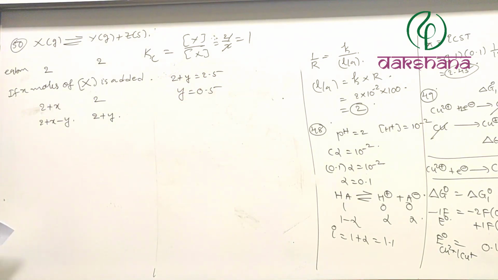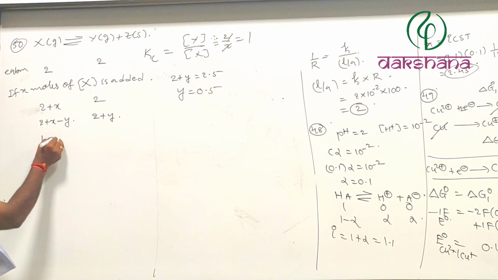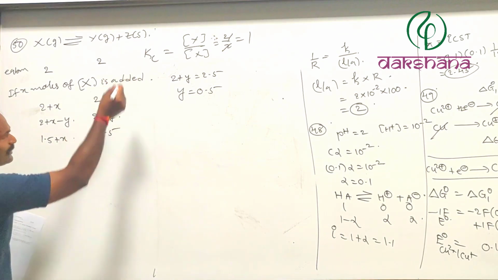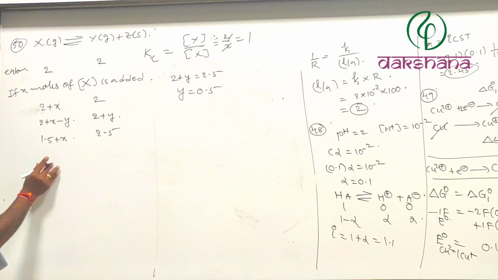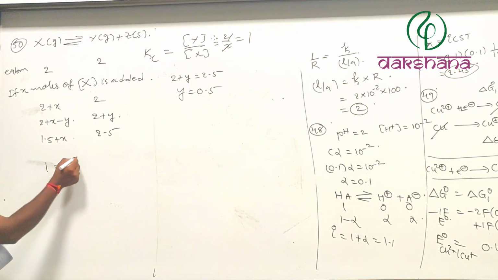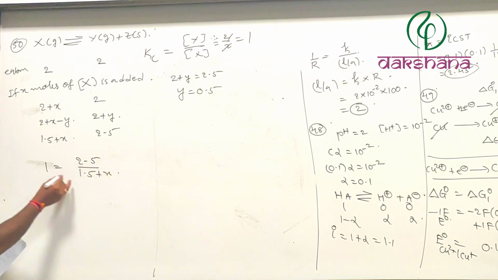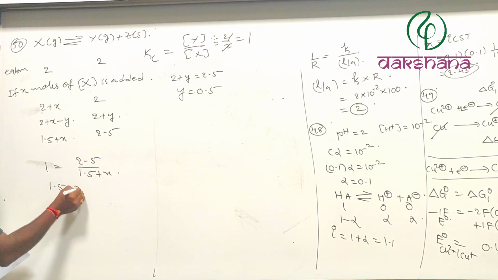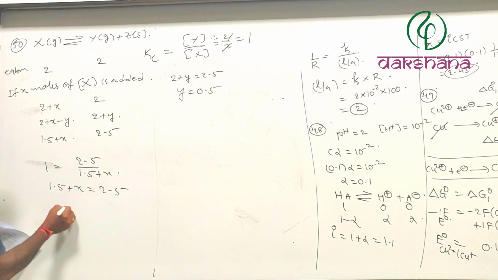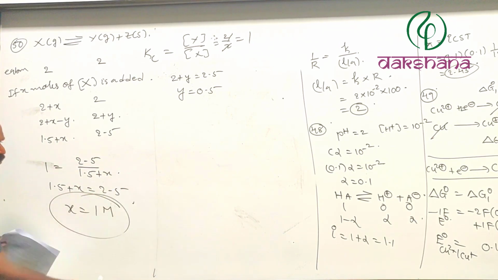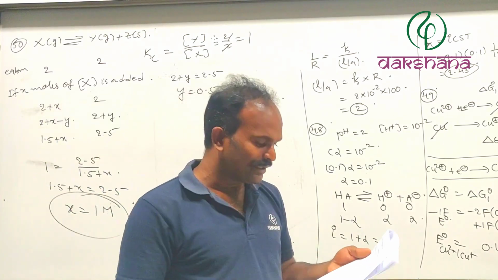So X becomes 1.5 plus x. As we know, Kc is 1, equal to 2.5 divided by 1.5 plus x. So 1.5 plus x is equal to 2.5, therefore x is equal to 1 molar, or 1 mole of X has to be added.